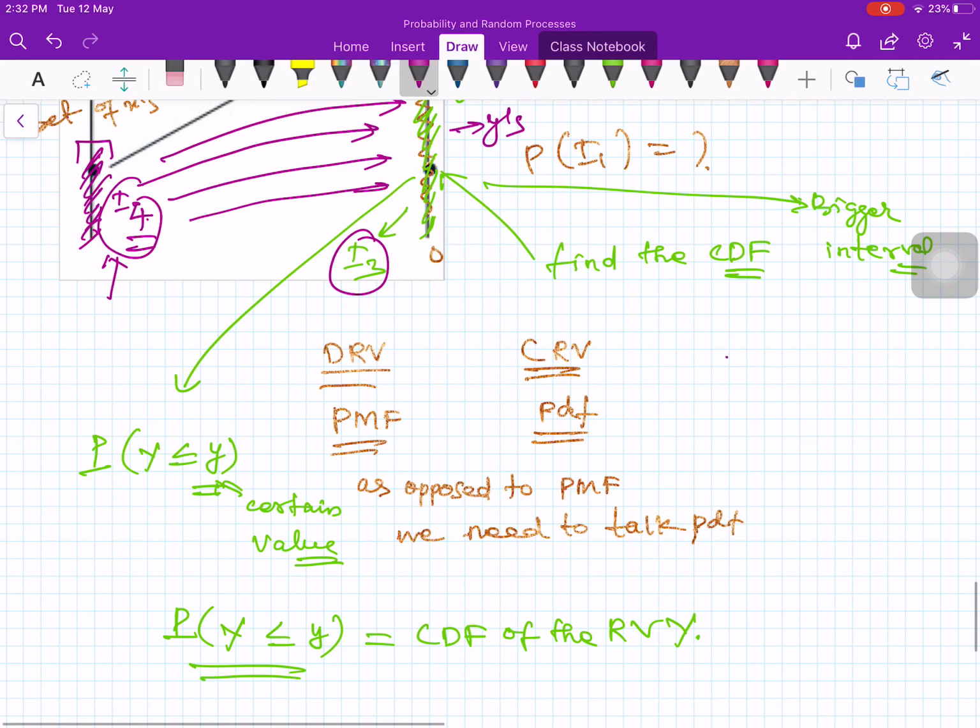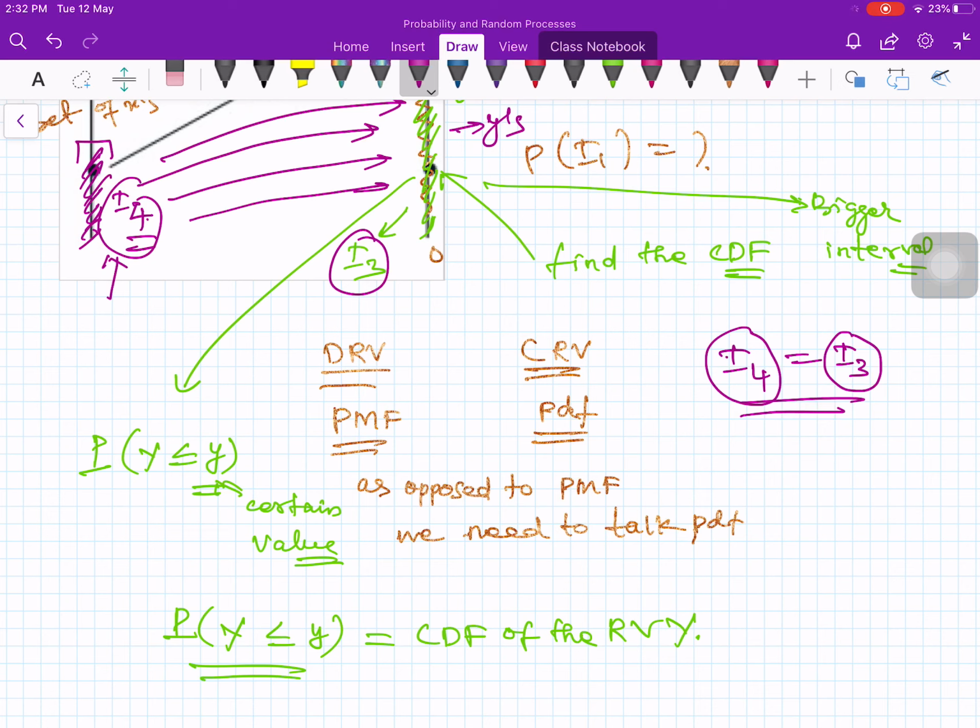So the event Y falling in I3 and the event X falling in I4 are the same. I4 is my event, and I3 is another event. So their probabilities must be equal.